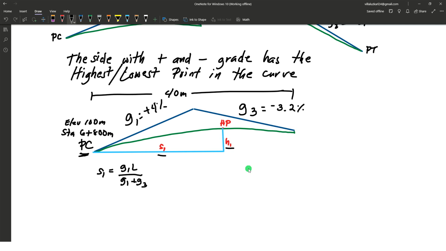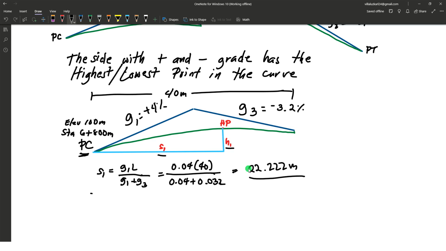So G1 plus G3. Okay, all positive for the grades. We will have 0.04 times 40 over 0.04 plus 0.032. Solving that, we have an S1 of 22.222 meters, which is the same as the formula-based solution for the S1.